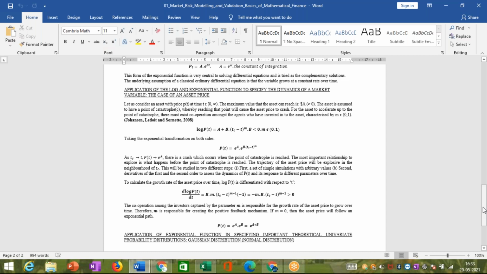A few important areas we would see here are the applications of the exponential function, because normality talks about symmetricity, so therefore this function will play a very important role.